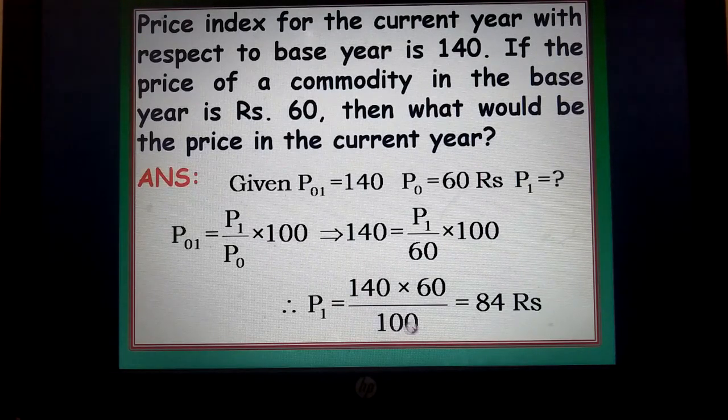When you perform the calculation, you will get 84 as the answer. That is P1. P means price, 1 means current year. So the price in the current year you have calculated to be 84. Price is given in the unit rupees, that's why it is 84 rupees.